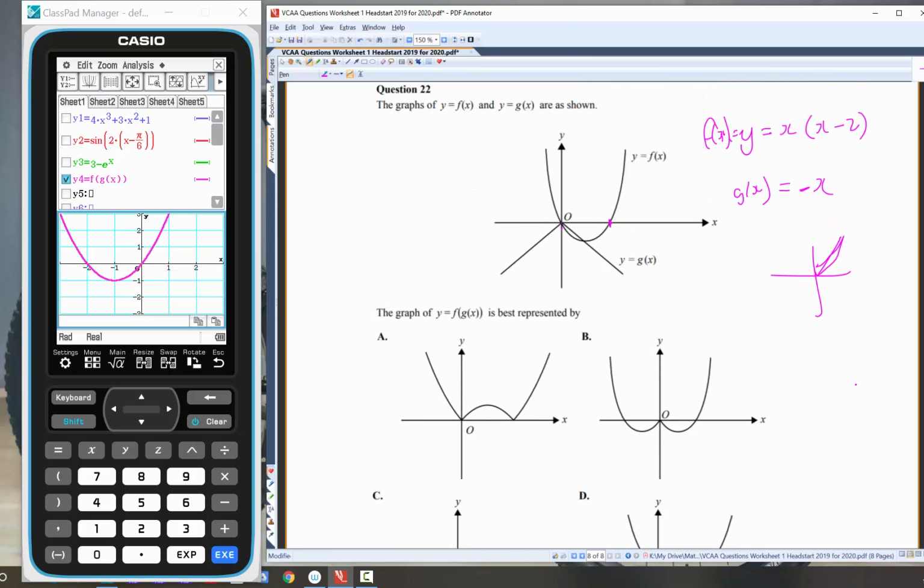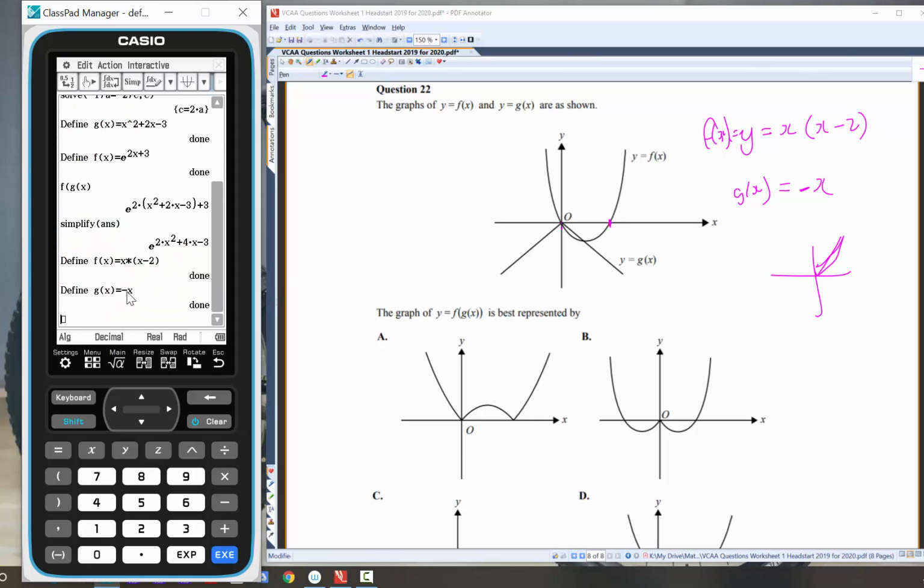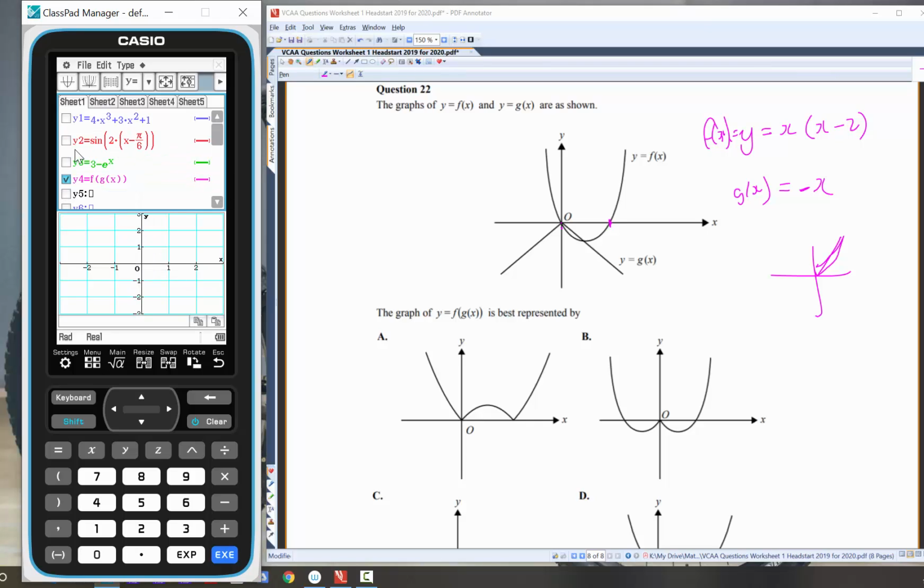But how would I get the full picture? I'm going to go back into main and edit my definition to include a positive x on this side. So that's going to be positive x. Now I'm going to redefine it, go back into graph and table, regraph this thing, and consider the left side, which is that. That's the only part I want on the left side.